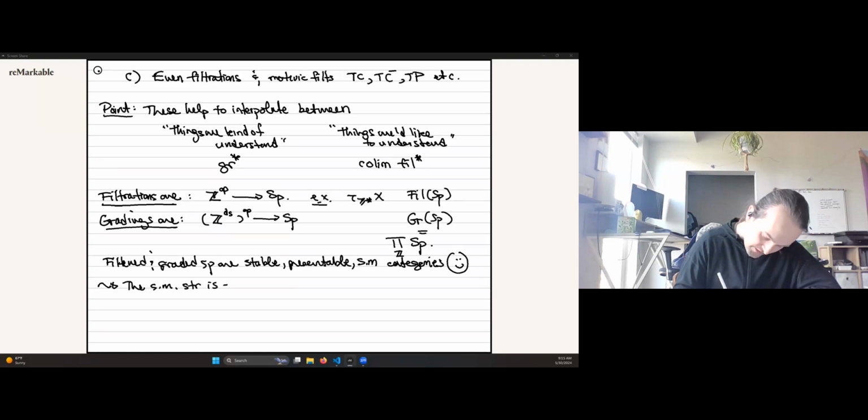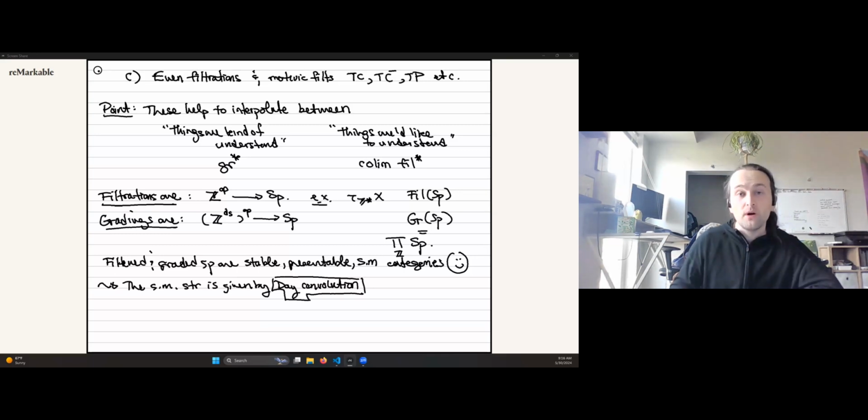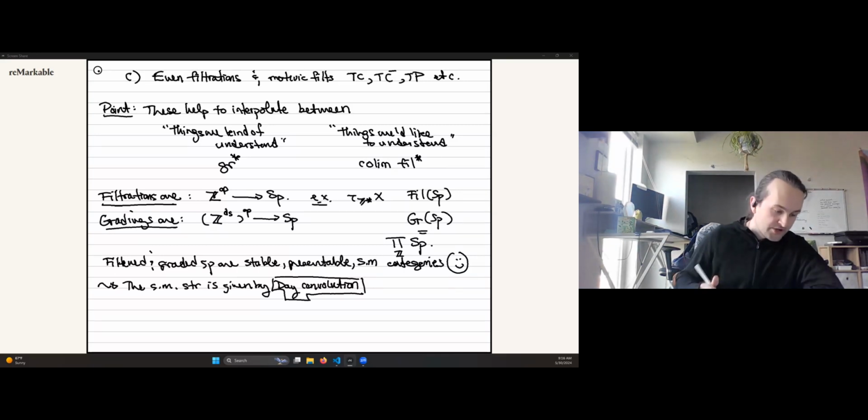This is really nice. And I should also mention that in particular, the symmetric monoidal structure is given by Day convolution. Day convolution is a very general thing that you can do.